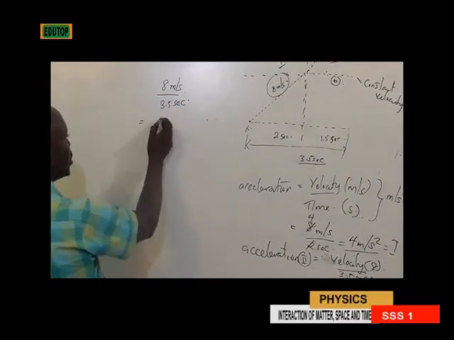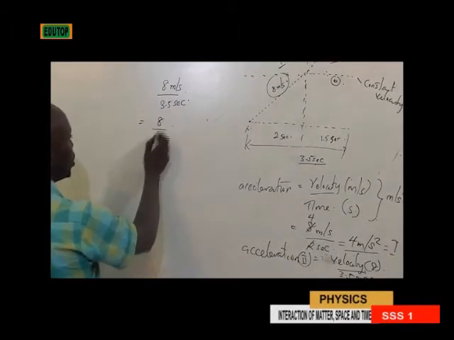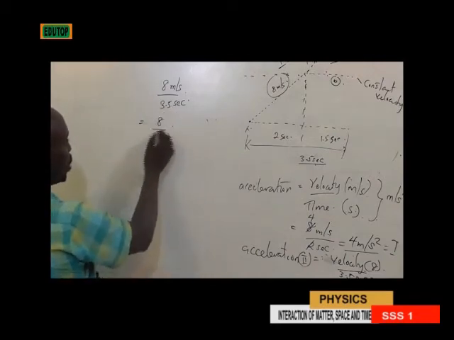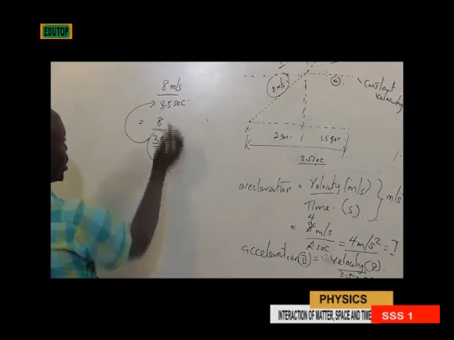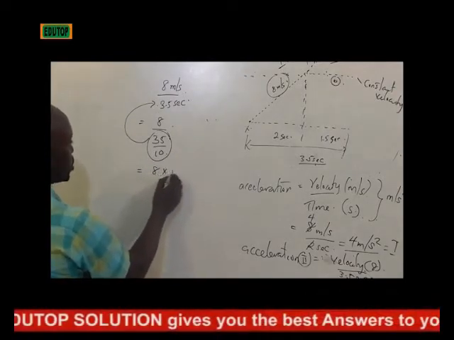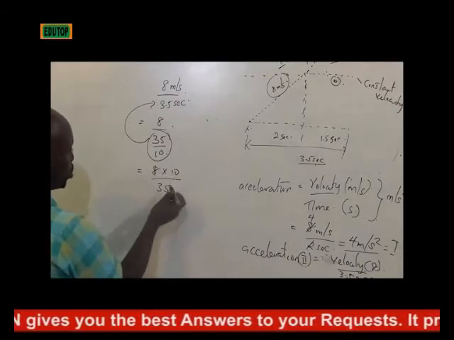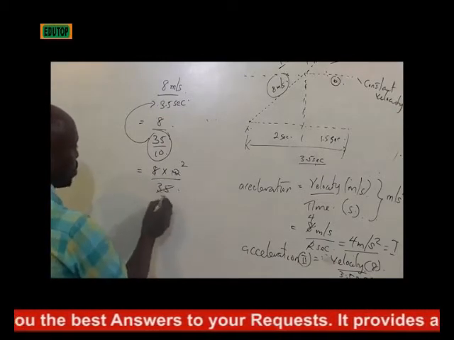If you want to break this down, you have 8 all over, turn this to decimal, 35 over 10. Do you understand? 3.5 is equivalent to 35 over 10. So from there, you'll have 8 times 10 all over 35. You cut through your 5 here, 2, you have your 5 here, 7.